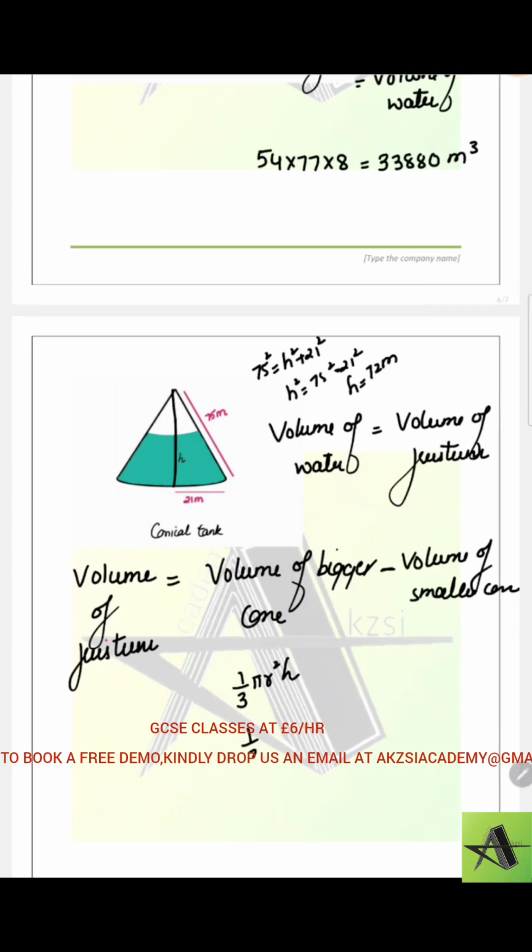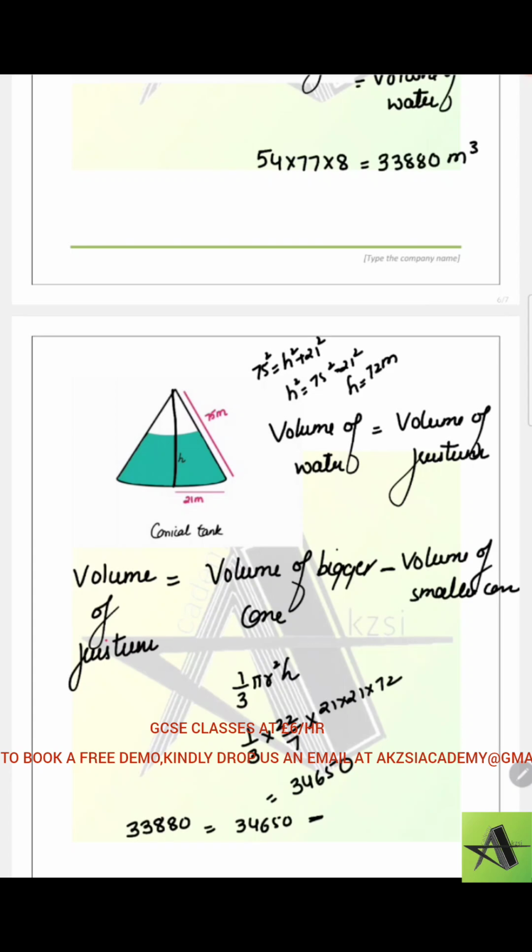So this will be 1 over 3, and we have to take pi as 22 over 7, as given in the question. R squared is 21 times 21 and h is 72. This would be equal to 34650. Now volume of frustum is 33880 and volume of bigger cone is 34650.